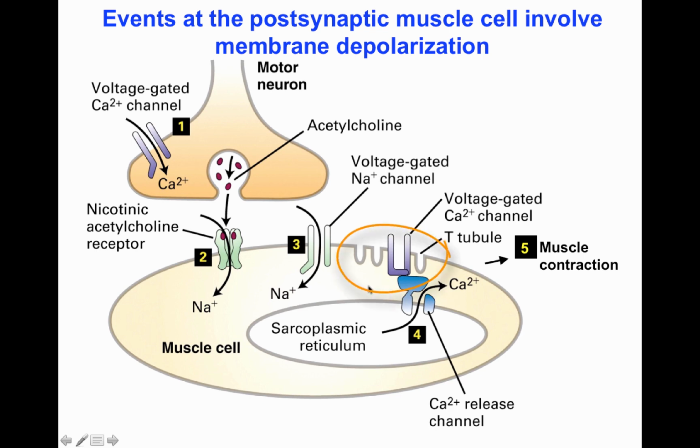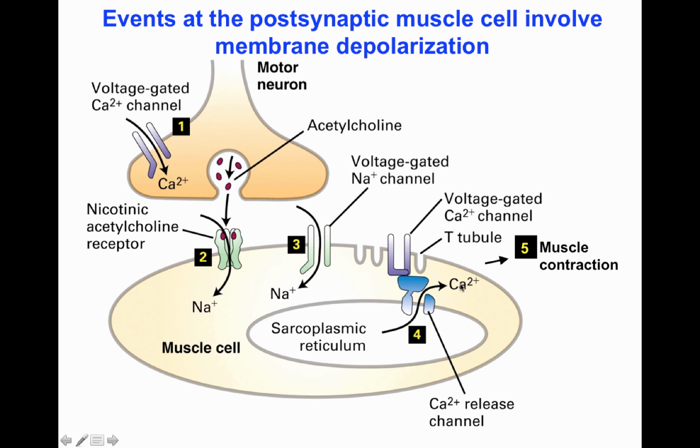Now, as the action potential is traveling down the membrane inside the T-tubule, it's going to induce the opening of voltage-gated calcium channels within the T-tubule, and that is going to interact with channels on the surface of the sarcoplasmic reticulum, allowing calcium to come from the sarcoplasmic reticulum into the cytoplasm.